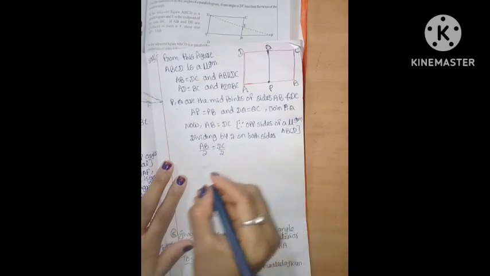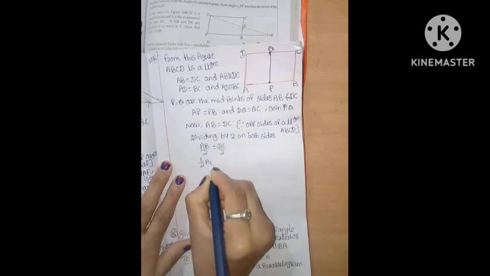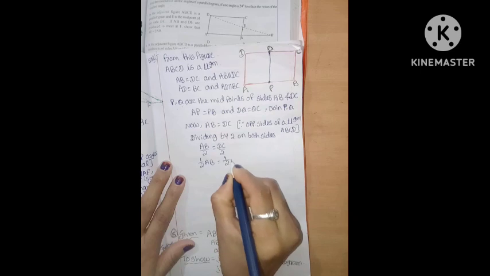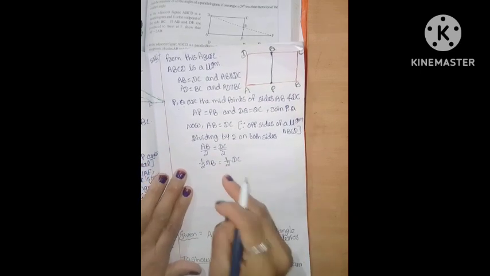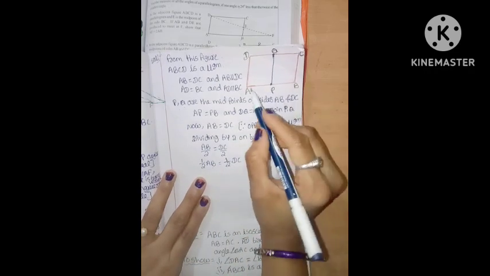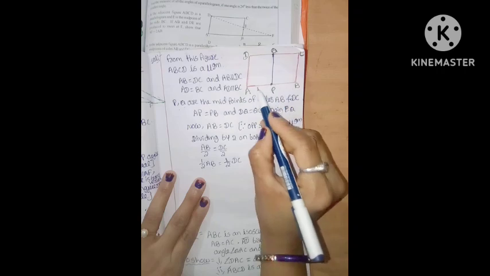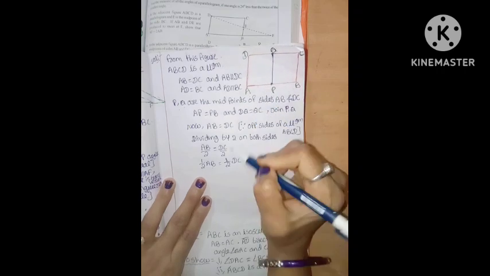AB by 2 is nothing but half of AB, and DC by 2 is nothing but half of DC. Both are equal.